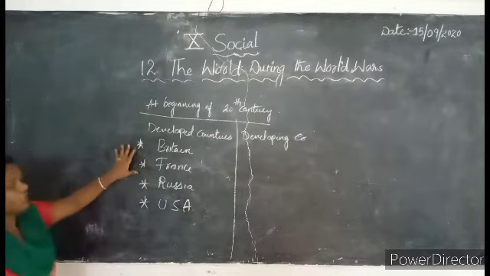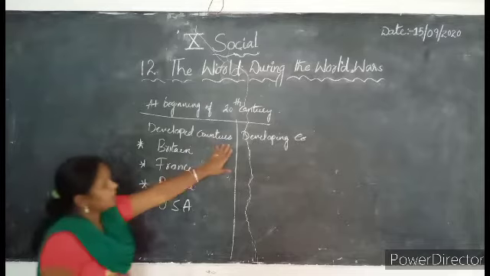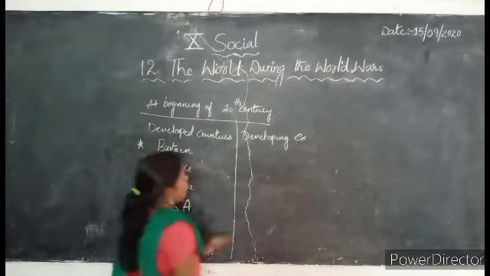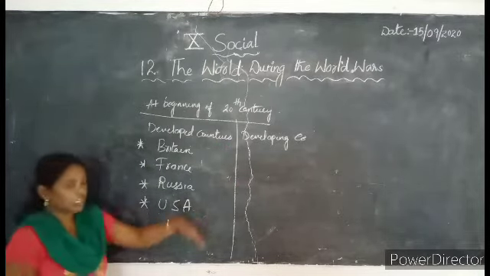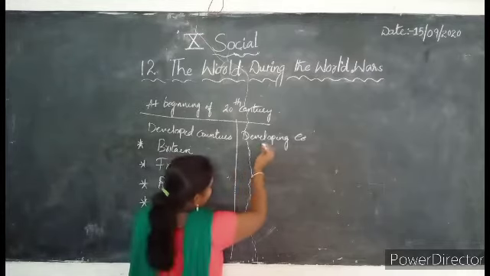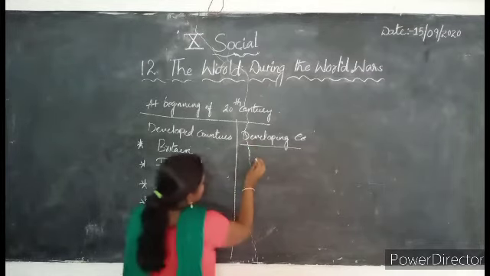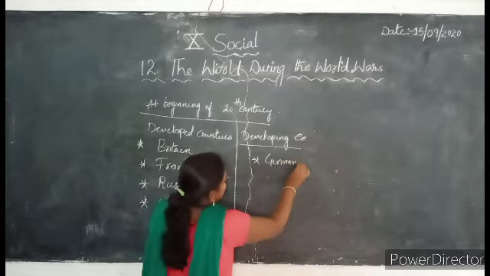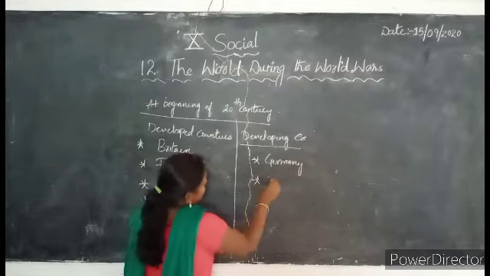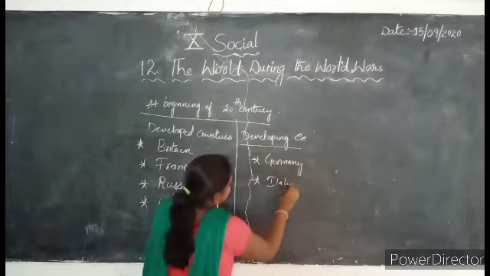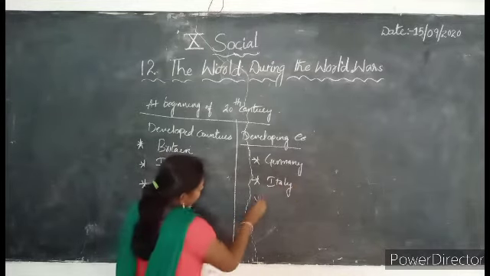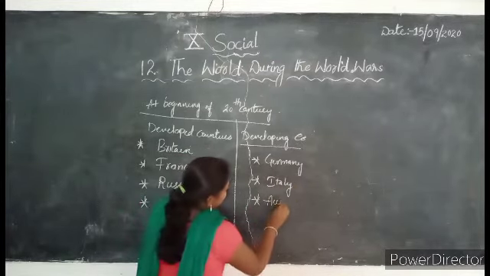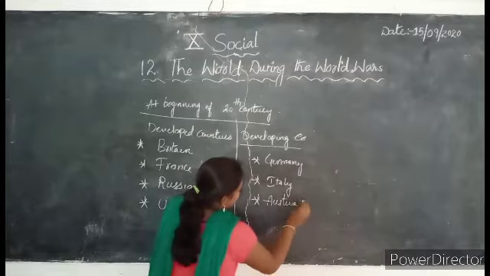All these were what? Developed countries. What are developing countries? Newly emergent or newly formed countries we can call developing countries, for example Germany, Italy, Austria, and Hungary.